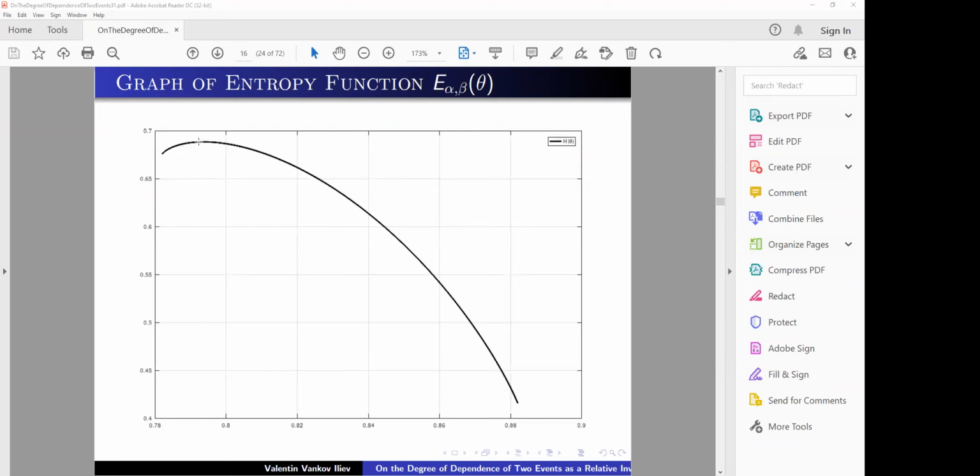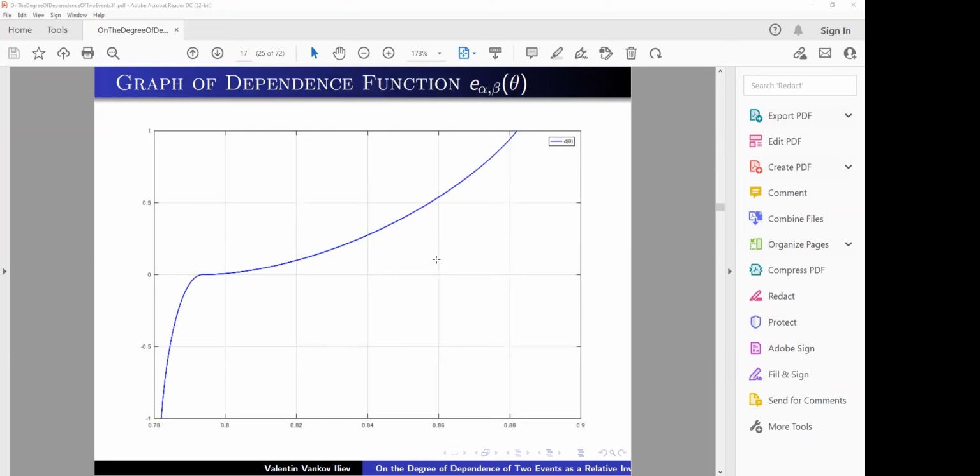So we draw here a tangent line at the maximum. It's horizontal. And reflect the right branch of this function with respect to this tangent line. And after normalizing this, the function thus obtained, we get just the graph of the dependent function E small alpha beta.